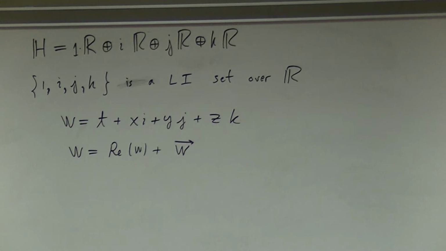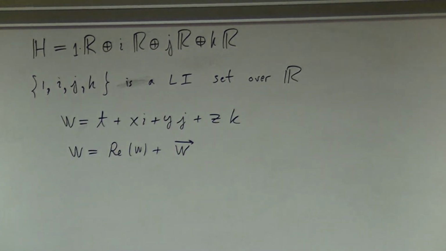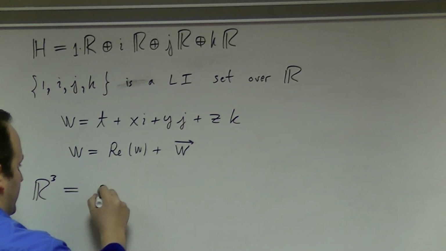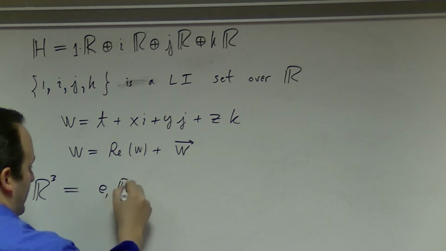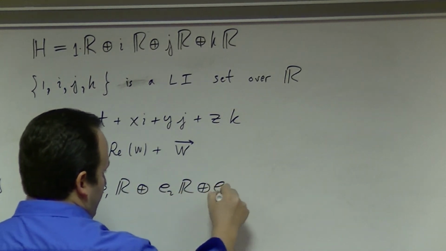Let's see here. What about 3 spaces? There are other things you could do, guys, before I go on. How about R3? You could also write R3 as e1R direct sum e2R direct sum e3R, that's true.